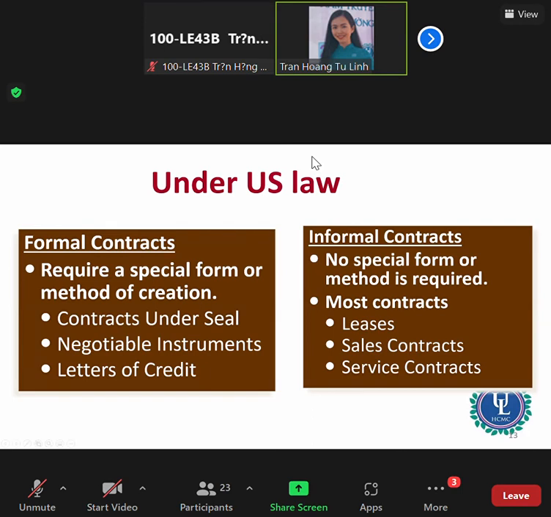Please spend maybe 1 or 2 minutes, read the slide, and then we will discuss what we mean by formal and what we mean by informal contract.